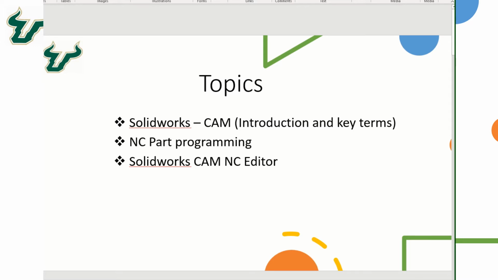How do we generate these codes and try to understand the terminology and the nomenclature for the NC part programming, and then we will look at the SolidWorks CAM NC editor.